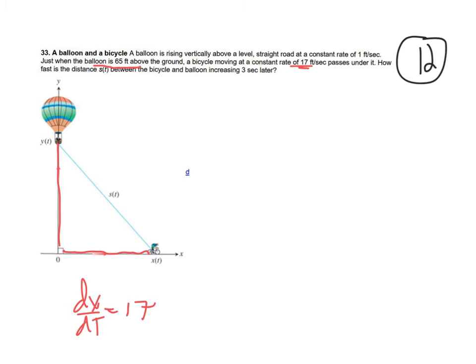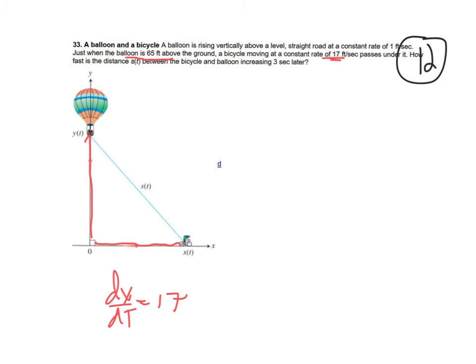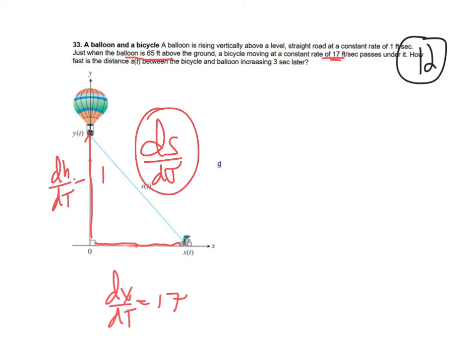This distance is increasing at 1, and that was the mistake I made. So dh/dt or dy/dt equals 1 foot per second, and this is s, and what they're asking us to find is ds/dt.